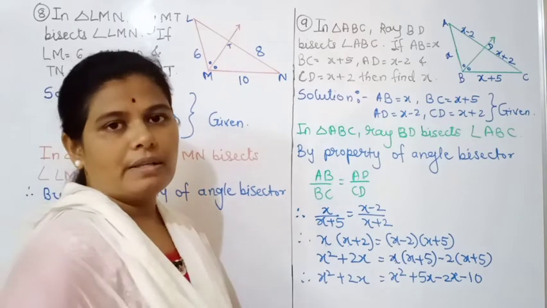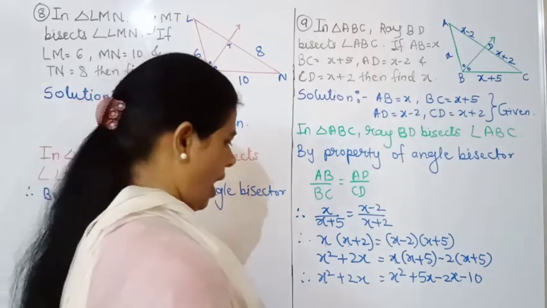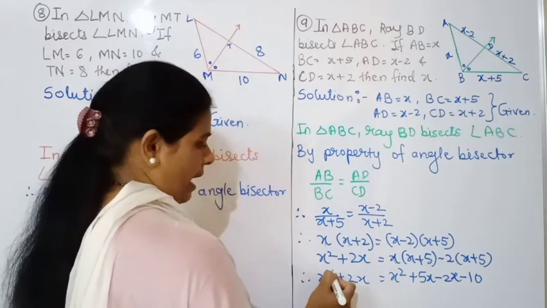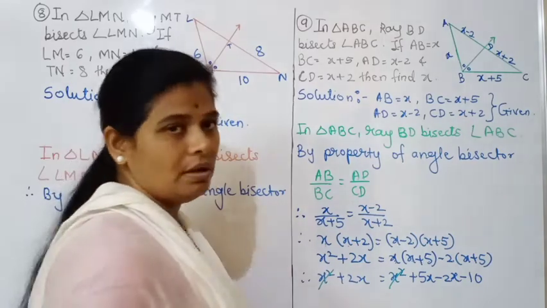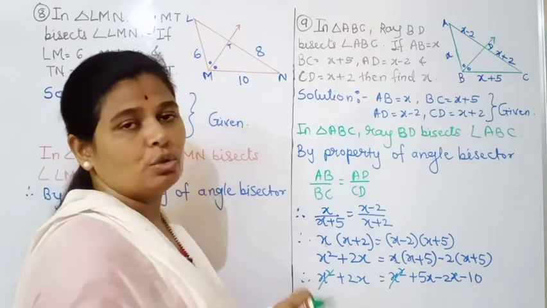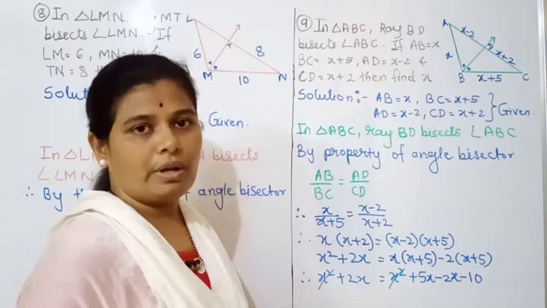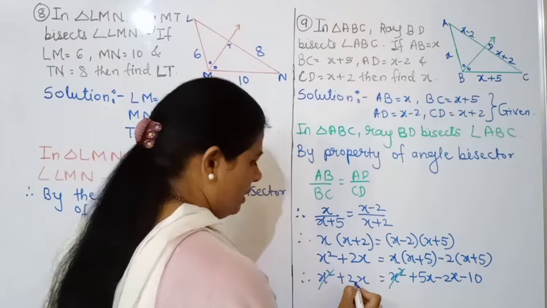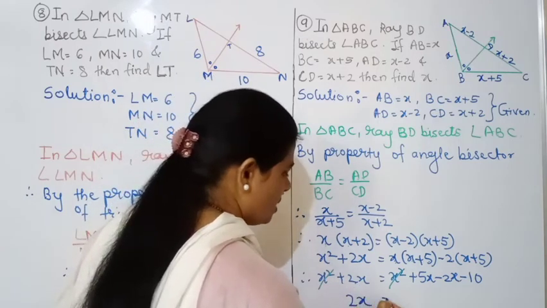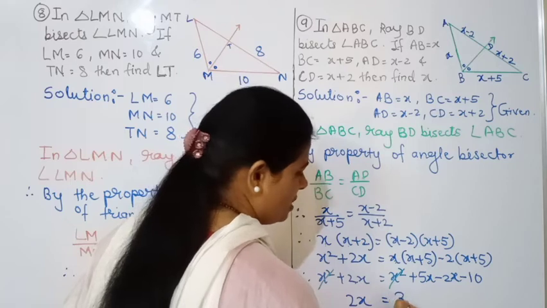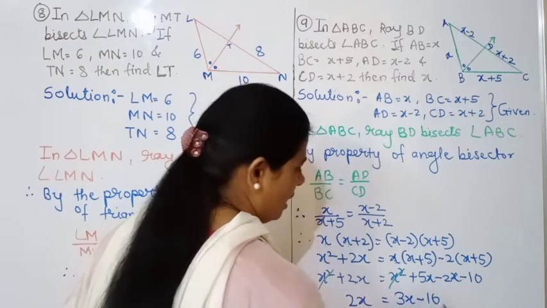Now whatever x terms are there, we can add them and we can cancel x square. You can see on both sides x square is there, that will cancel because when x square comes to this side it will become minus, and it will get cancelled obviously. So we'll just cancel it here only. After that what we'll get is 2x equal to 5x minus 2x, that is 5 minus 2 is 3x, minus 10.